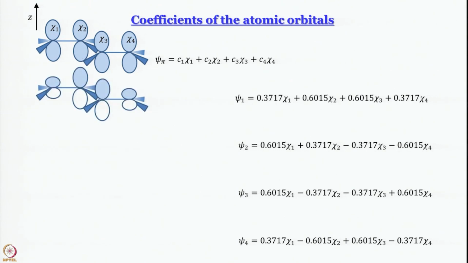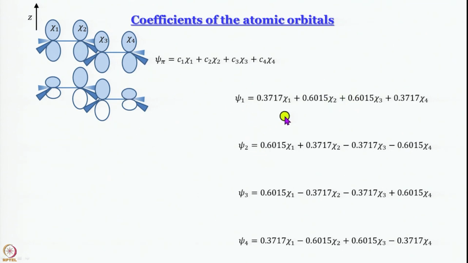But in the first wave function, on top of this xy plane in direction of plus z, all the lobes have the same wave function of same sign. The lobes below have opposite sign to that, but same sign among themselves. And I have also drawn the heights of these orbitals sort of proportional to the coefficients.